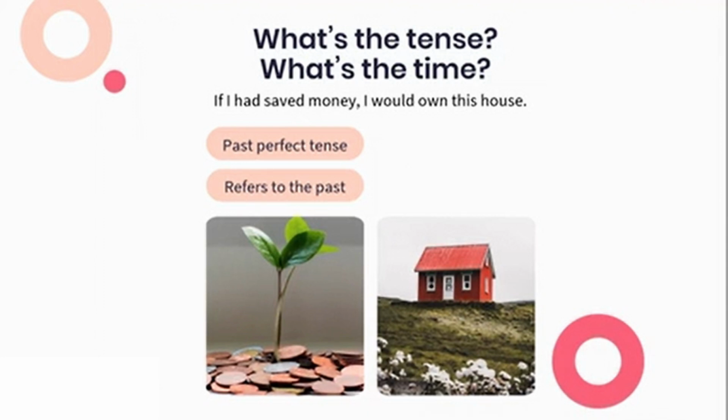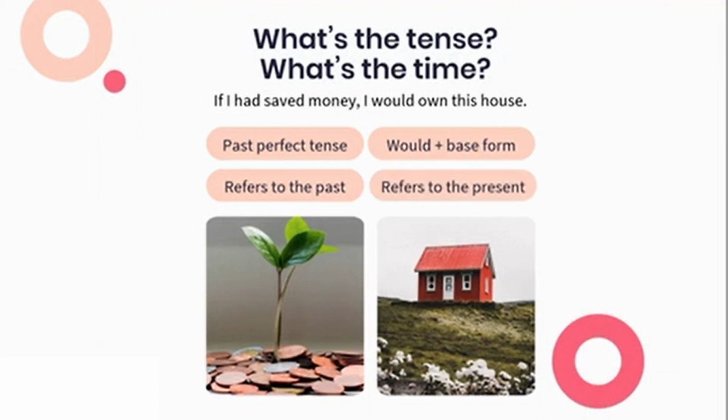Next, we'll look at the result. I would own this house. What's the tense? It's would plus the base form of the verb. And to what time does it refer? It refers to the present. We are talking about now.